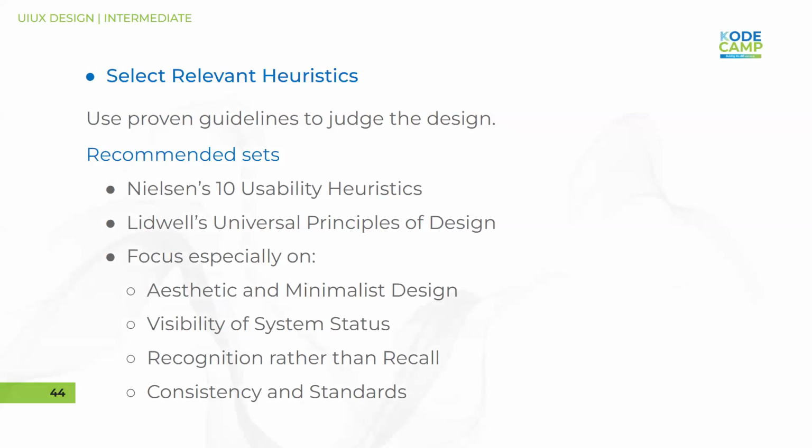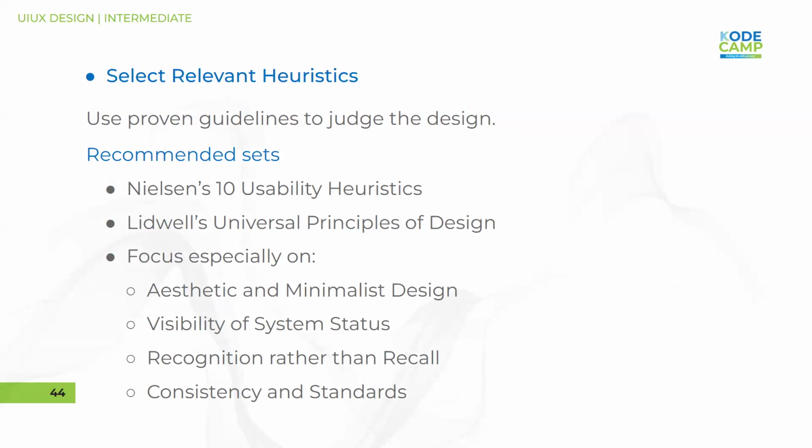Okay. So the second one is you should select relevant heuristics. Use proven guidelines to judge the design, which is what we are talking about now. Nielsen's 10 usability heuristics are the recommended set.